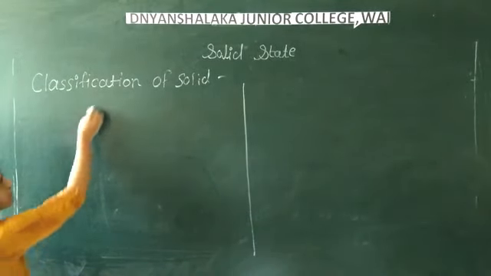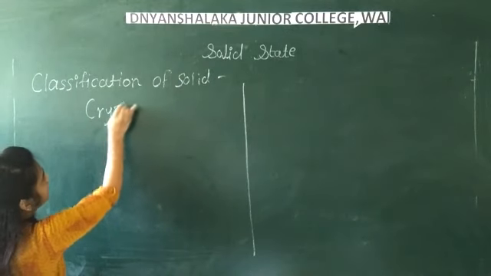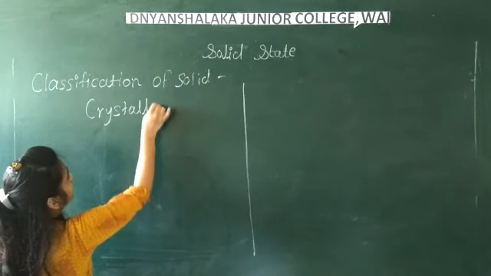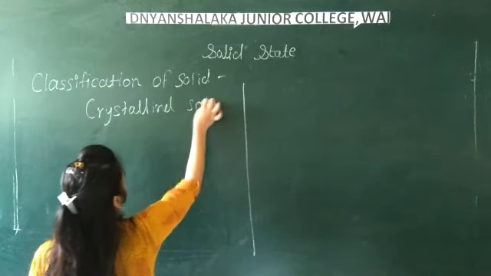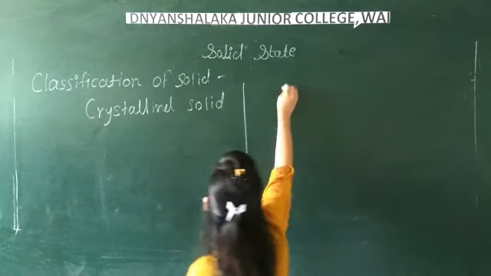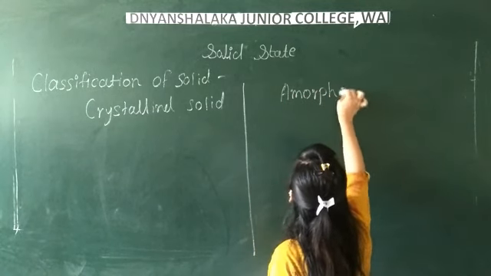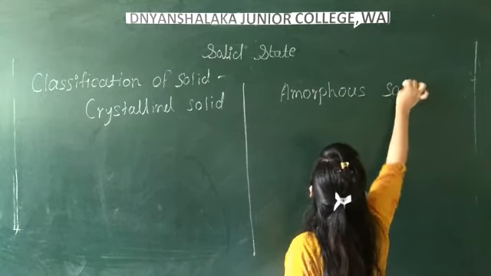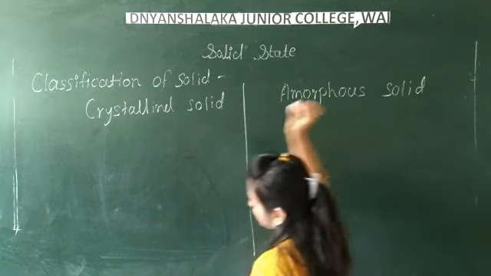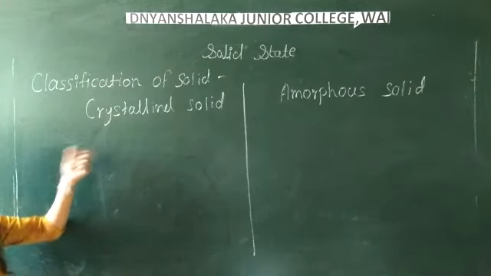So solid can be classified first as crystalline solid, and next type amorphous solid. So we study crystalline solid.